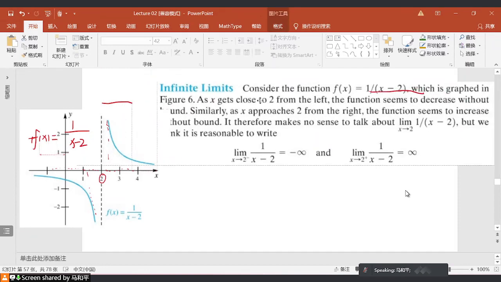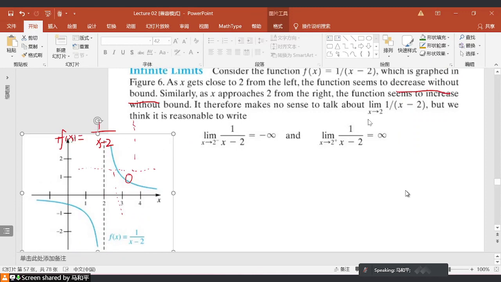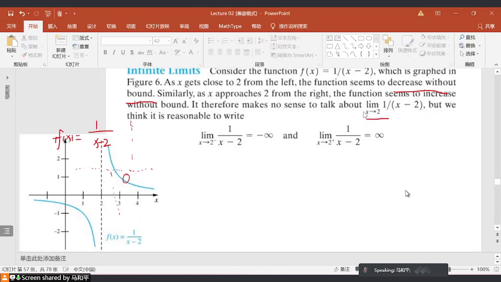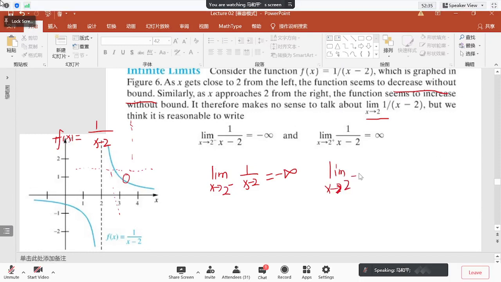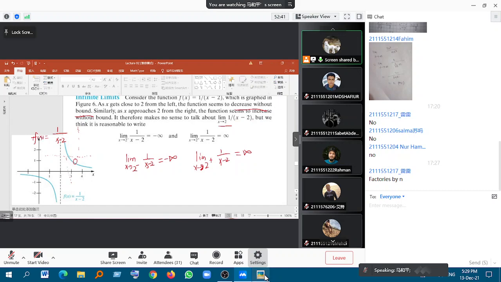It therefore makes no sense to talk about x approaches 2, but we think it's reasonable to write, because x approaches 2 from left, this approaches negative infinity, decrease without bound. So we write it like this: negative infinity. And as x approaches 2 from right, f(x) increases without bound, so we write infinity.